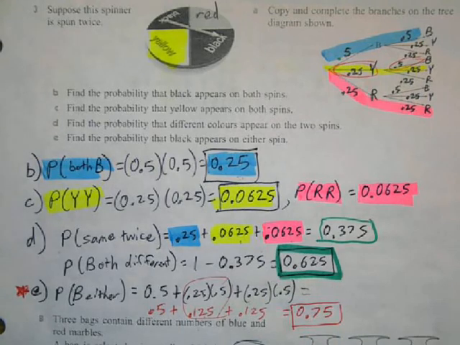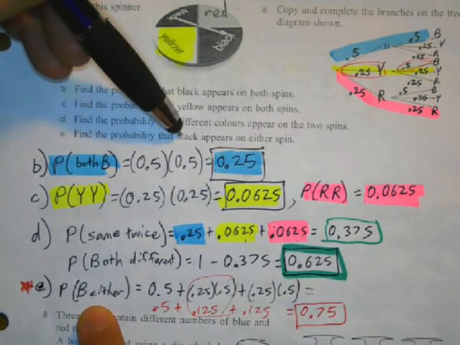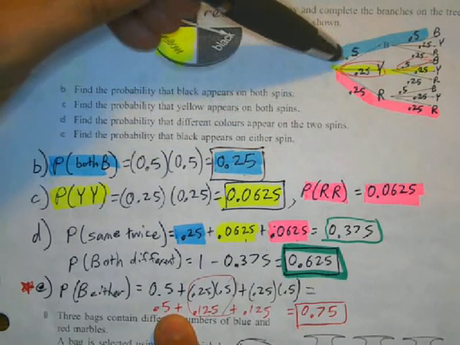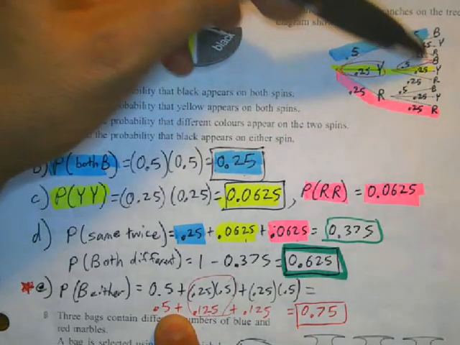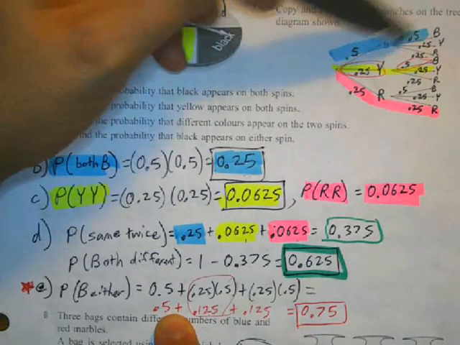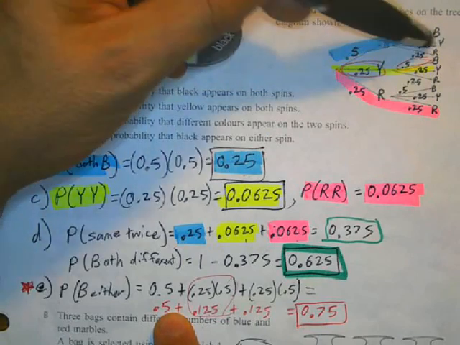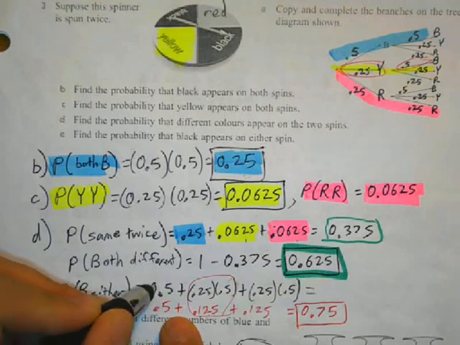Lastly, question E. What is the probability that black will appear on either spin? So if I go down this pathway, all 3 of these pathways I'm going to get black at least one of the times. So this pathway plus this pathway plus this pathway is going to add up to 0.5.